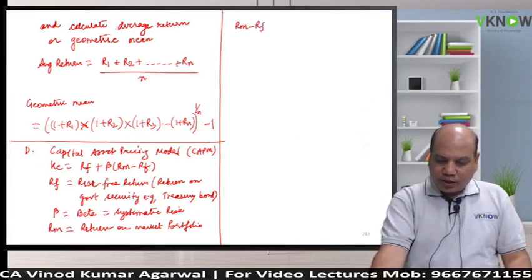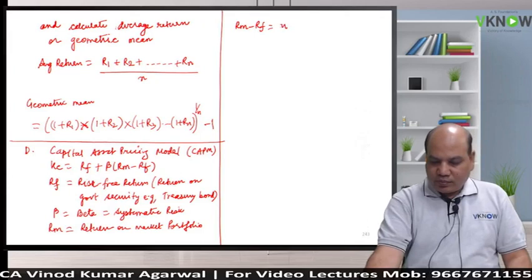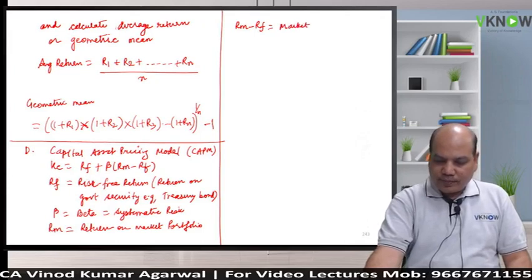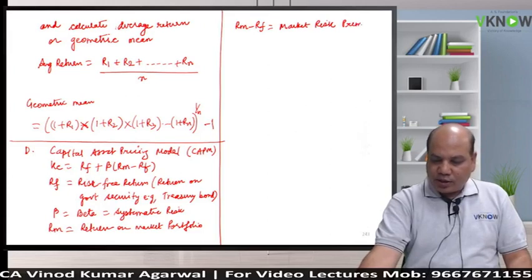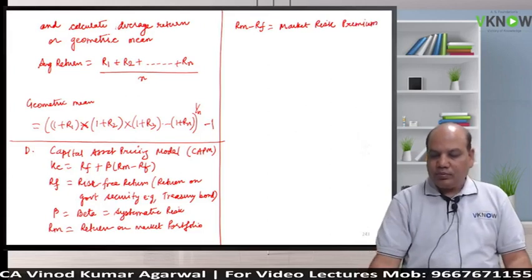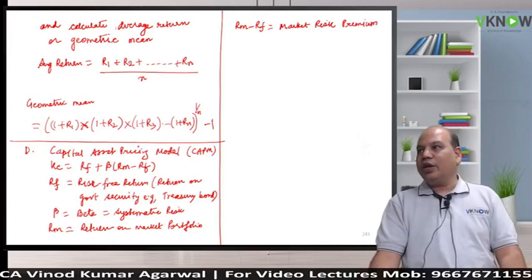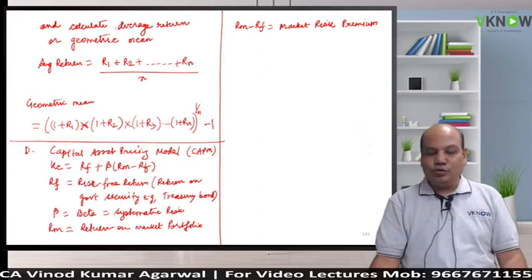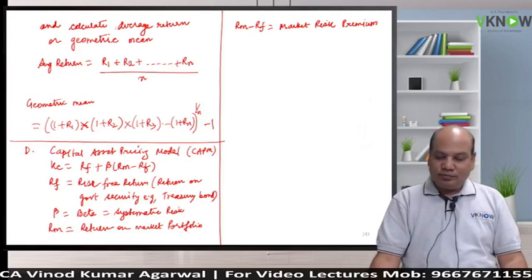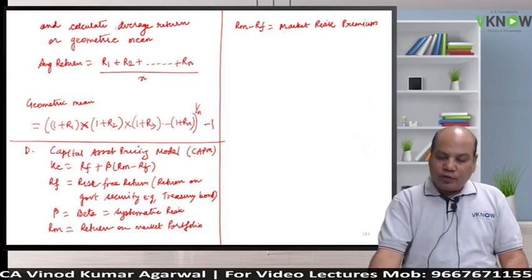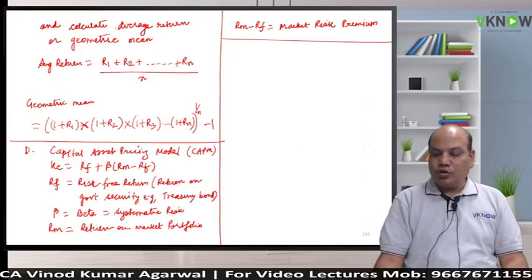RM minus RF is market risk premium. So if the problem says market risk premium, it means RF is already deducted. Do not again deduct RF. Okay. So these are the formula for computing cost of equity.